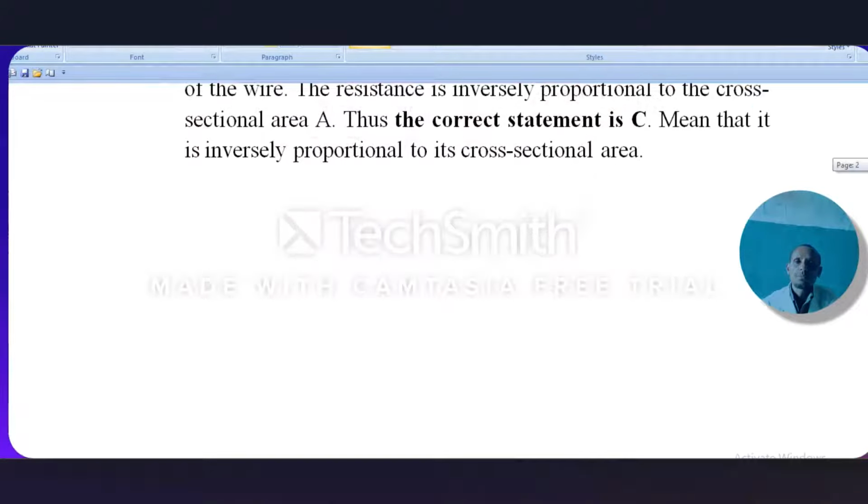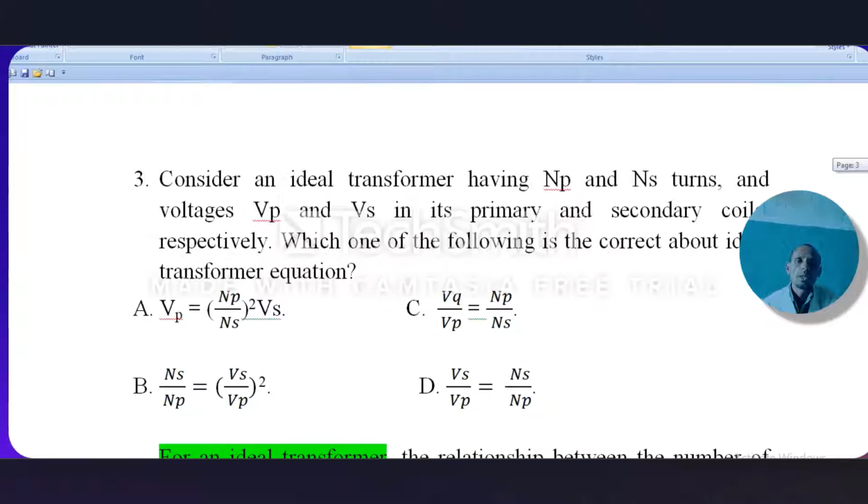Next question. Consider an ideal transformer having NP and NS turns, and voltages VP and VS, in the primary and secondary coil respectively. Which one of the following is correct about the ideal transformer?